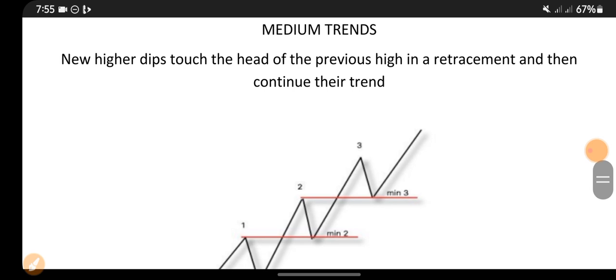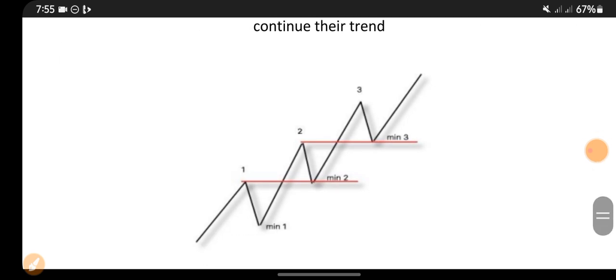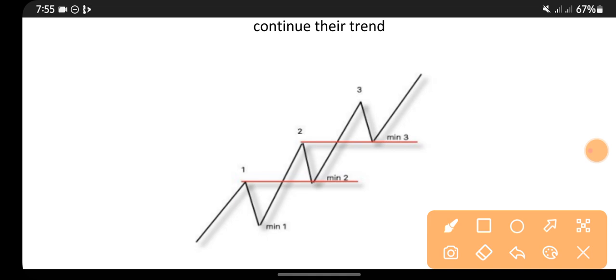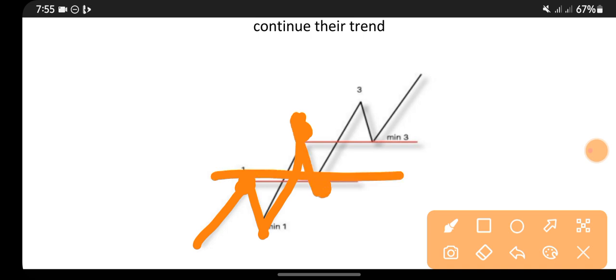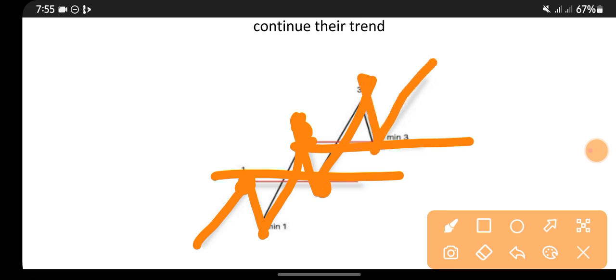With that one, the retracements or the dips touch the previous high. Price came for a retracement, then went to make another higher high. Here is the previous high, the price touched it and went. Here is the previous high, the price came, touched it, and then went.